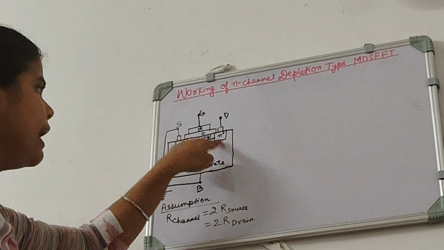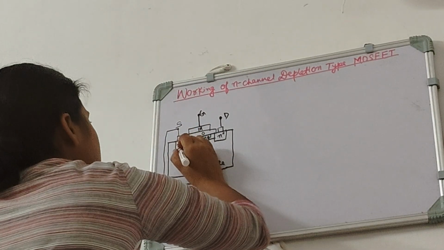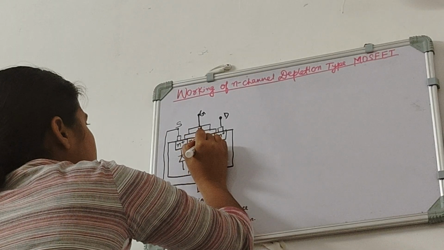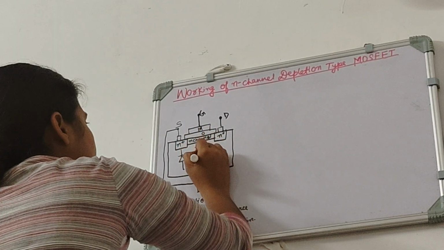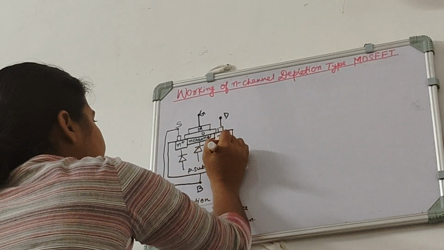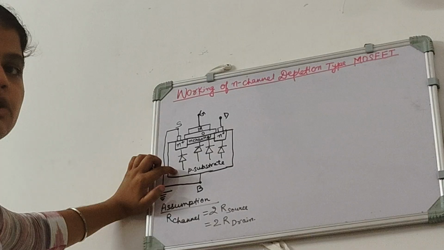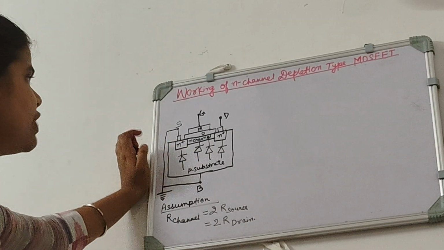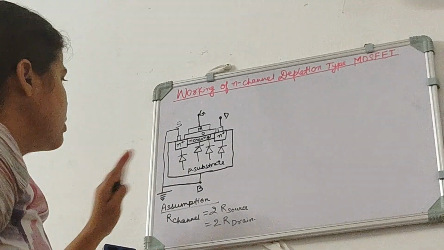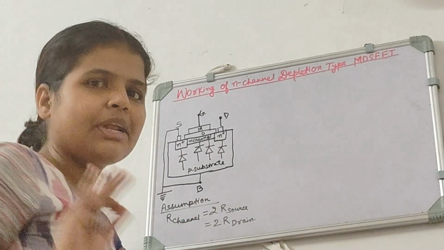So n plus, n plus, and this is p type. So here we can imagine a diode. Diodes are not literally present here, but we can imagine that a diode is here, because the substrate is of p type and the source, drain and channel are of n type. So here we are just imagining 4 diodes, but they are not literally present.